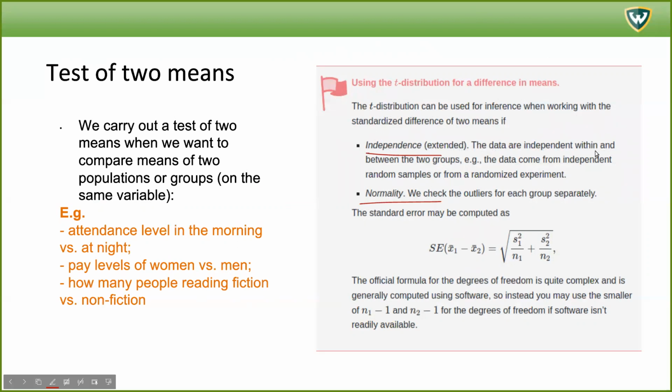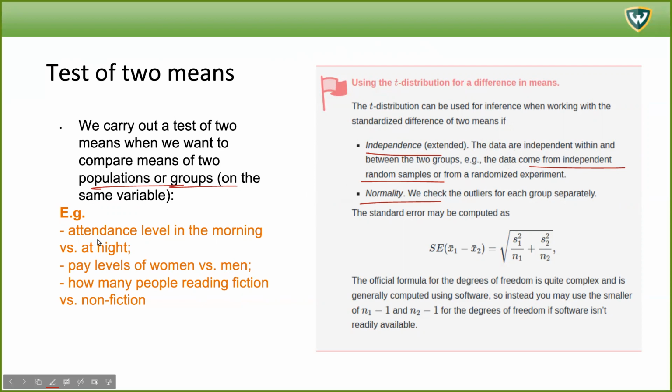So the data are independent within and between the two groups. We are focused on comparing two groups or two populations. This is the whole thing about unpaired samples. So the people that you're acquiring data from, or the things that you're acquiring data from, have to be independent, meaning they have to come from a random sample, and you have to make sure there's no bias in that sample.